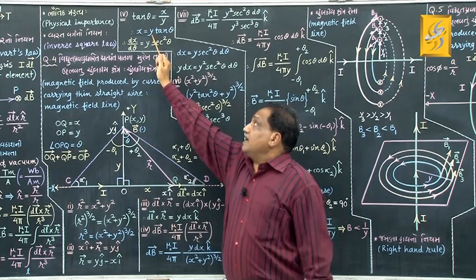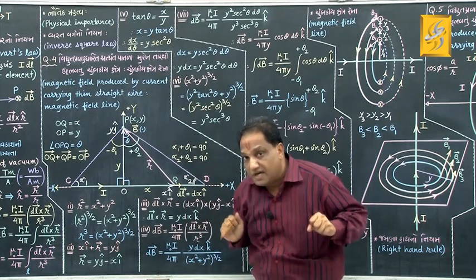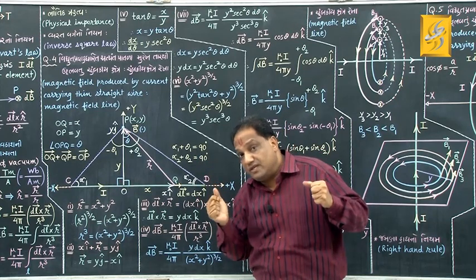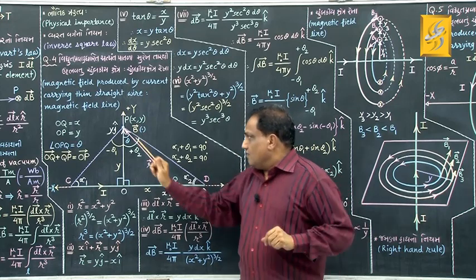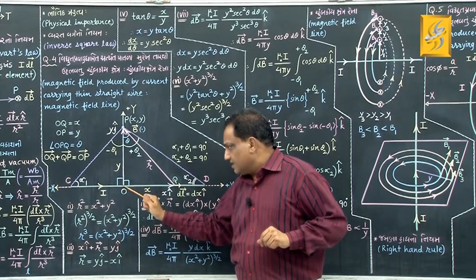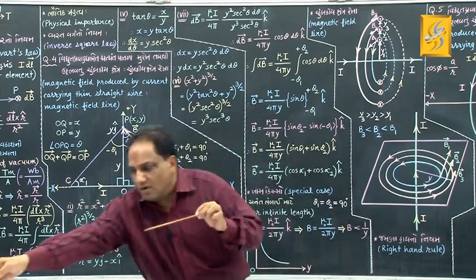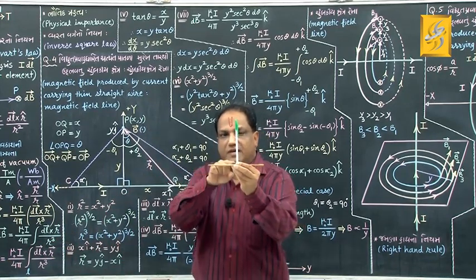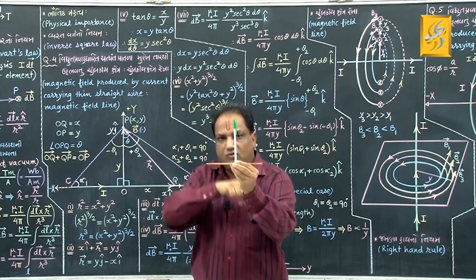Now, take this y as constant and take the derivative on both sides with respect to theta. Then you may have a question: why is the value of small y taken as constant? Because look, what is the perpendicular distance of the point of observation from this wire? It is small y. This is the wire and this is the point P, and this is the perpendicular distance small y.